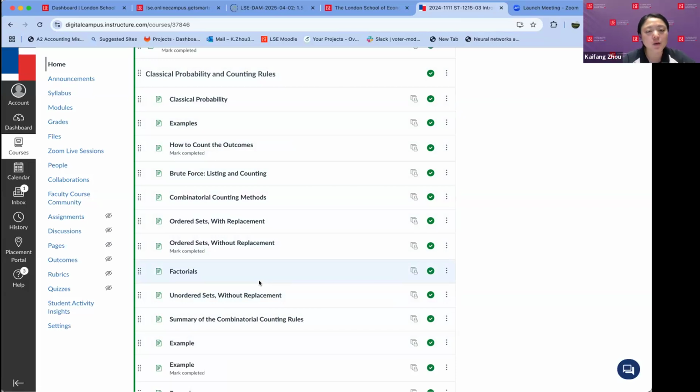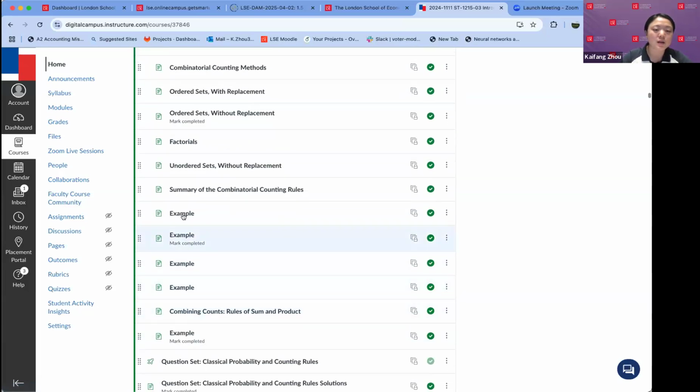The key takeaway is that if I give you a probability question, you need to count events, and identify whether you count with replacement or without replacement, because different scenarios use different formulas. We have permutation and combination, two formulas, so make sure you understand them. There are also example questions here, so go through all of them to understand the different types of counting rules.